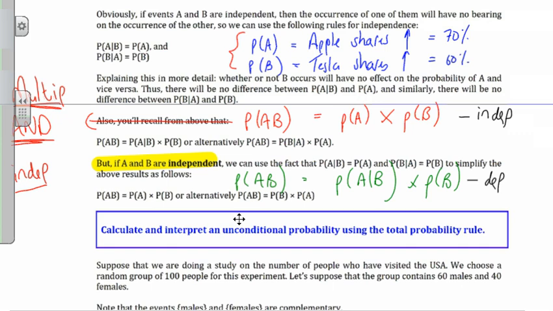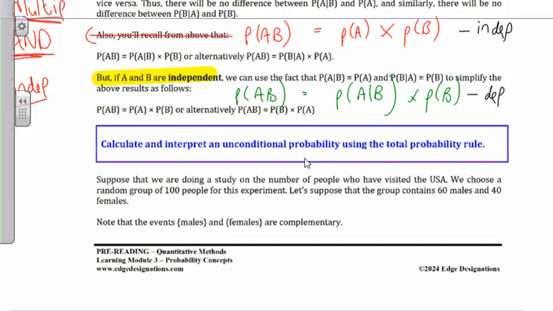Okay, we move on just a little bit over here. We talk about calculating and interpreting an unconditional probability. And again, guys, you're going to see a lot of words, conditional, unconditional. Just make sure that you are familiar with them as you see them, and break them down slowly. Calculate and interpret unconditional probability. In other words, the probabilities are not conditional upon each other, using the total probability rule. Have you seen this before somewhere?